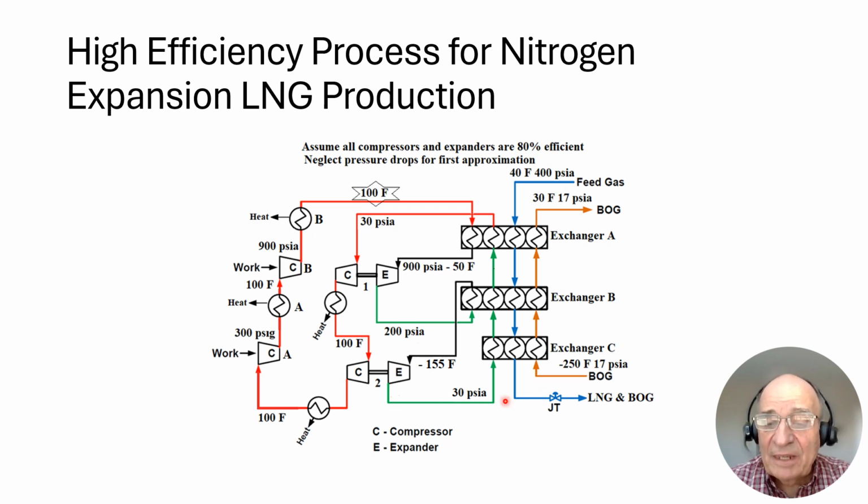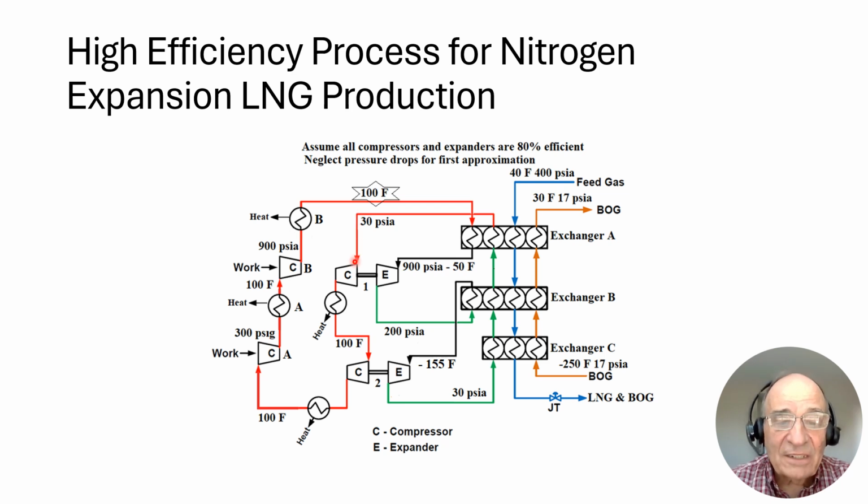Coming out of the expander, it goes through this heat exchanger, extracts heat from the feed gas, goes through this heat exchanger, extracts heat from the feed gas, goes through this heat exchanger, extracts heat from the feed gas, and now we have our nitrogen that's going to be recycled back into the process.